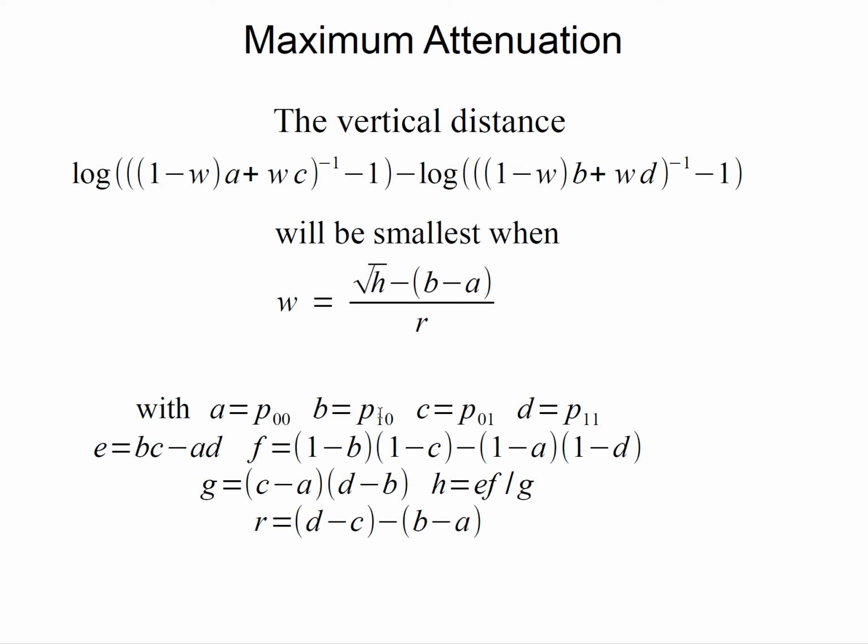The b minus a is the probability of disease for those exposed, minus the probability of disease for those unexposed in strata 0. And then it turns out that this denominator here is the difference between the 2 risk differences.